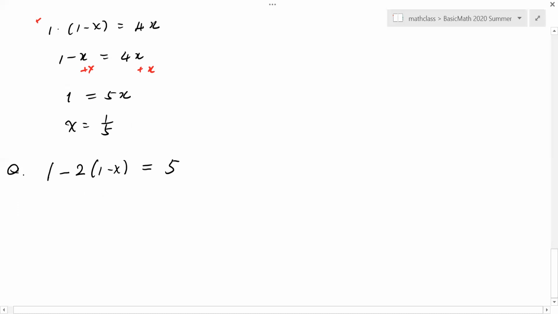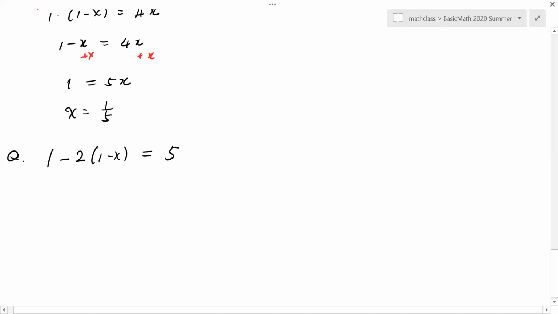There are a couple ways, couple approaches, several steps. The answer would be the same answer, but the approach is different.